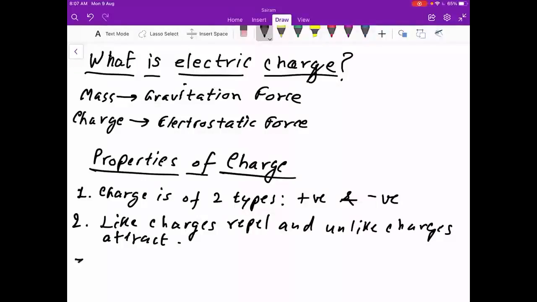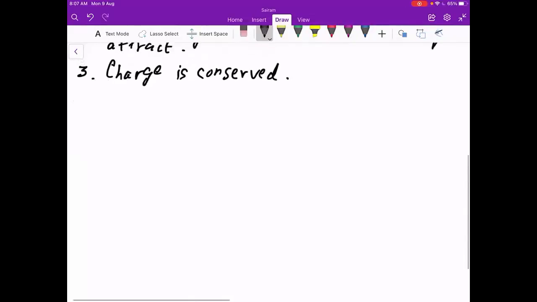The third property is that charge is conserved. What is the meaning of charge is conserved?